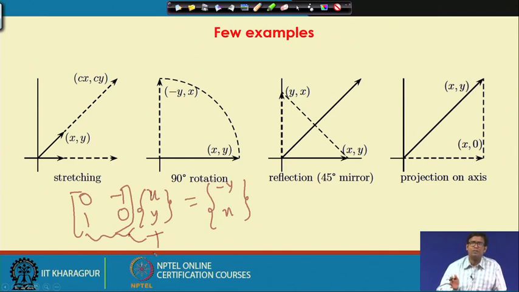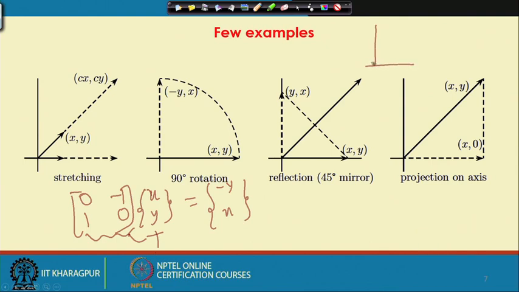So, all geometric operations can be thought of as linear operations except translation. Why not translation? For example, I have a vector here, I translate it to a vector w here. This is not a linear transformation. Why?